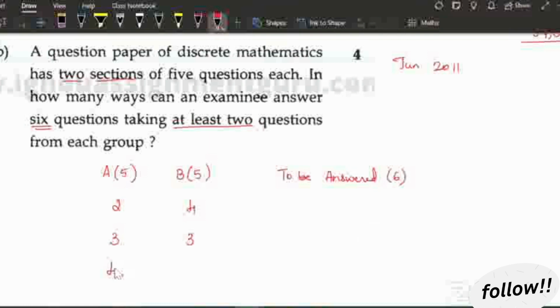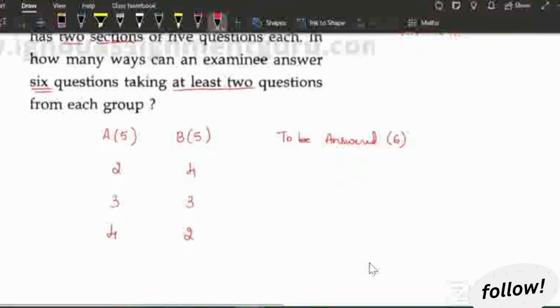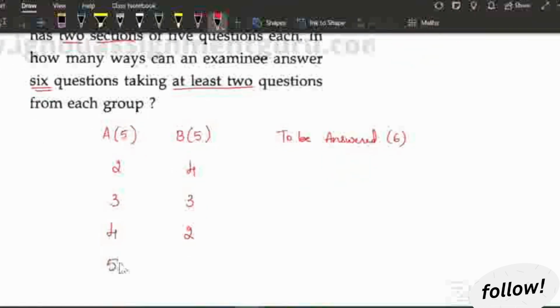Can you write 4 questions from this group? Yes. If you write 4 from here, then you will write 2 from here to make a total of 6. Now, can I write 5 questions from here? No. If I write 5 questions from the first section, then from the second section I need to choose only 1, because the total to be answered is 6, which is not possible.